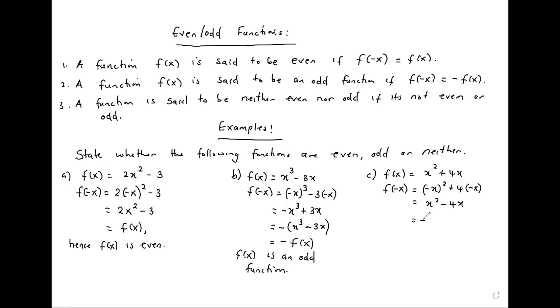But when we factor out a negative, we'll get negative of x squared plus 4x. Again, what we have inside is not the same as f of x. So f of x is neither even nor odd. Done.